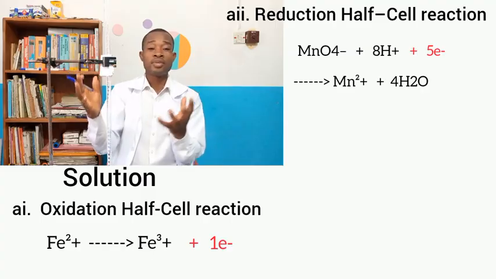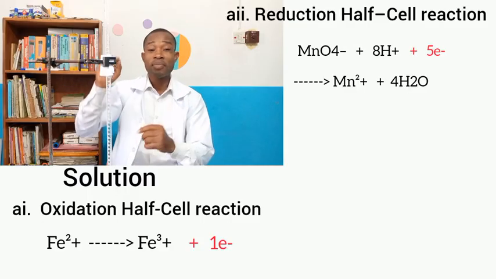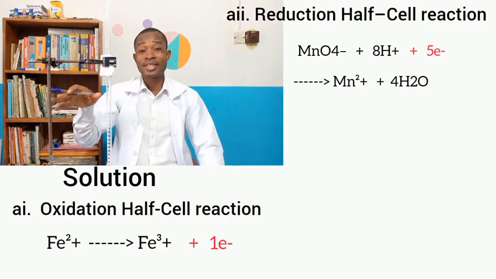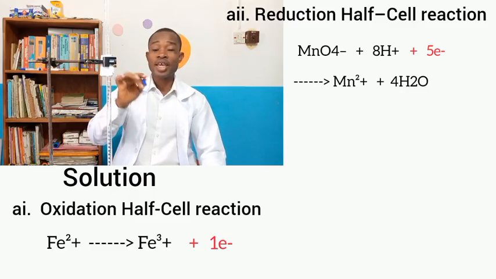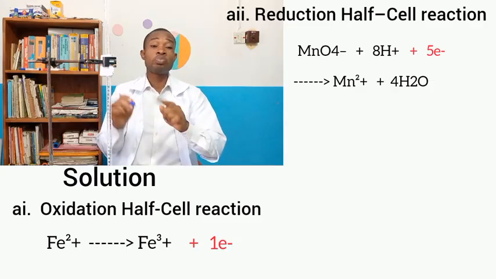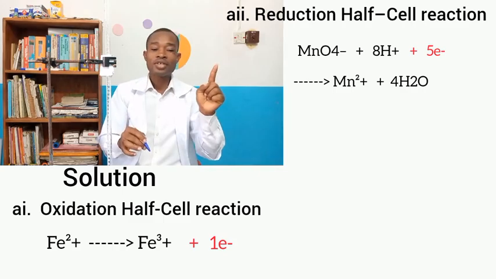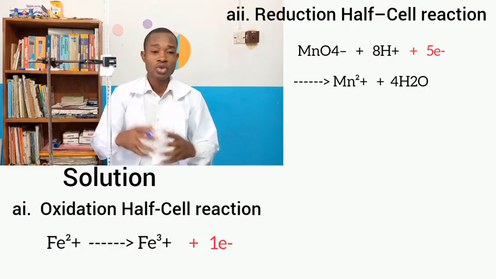If you work on the oxidation number in the reactant, you see clearly that it is 2. Because we have minus 1 in the permanganate part added to plus 8 in the hydrogen ion, which gives us plus 7. Then plus 7 plus minus 5 in the electron part, 7 minus 5 gives us 2.